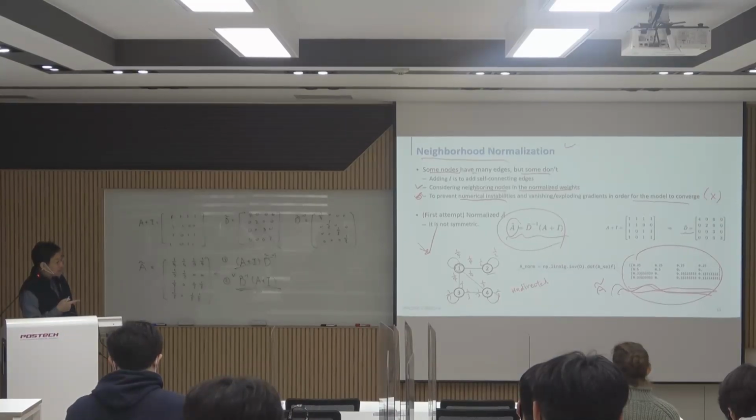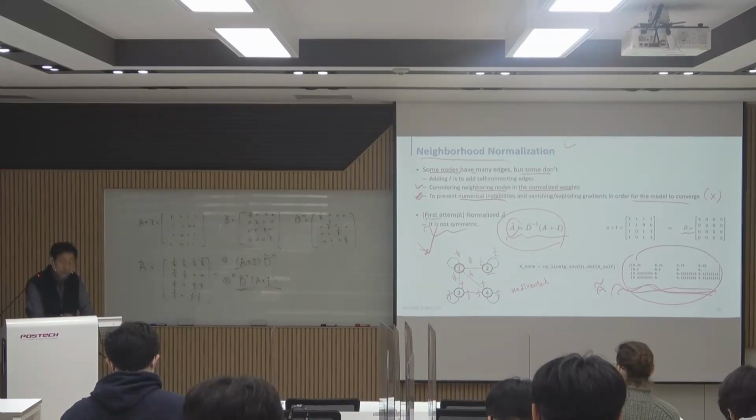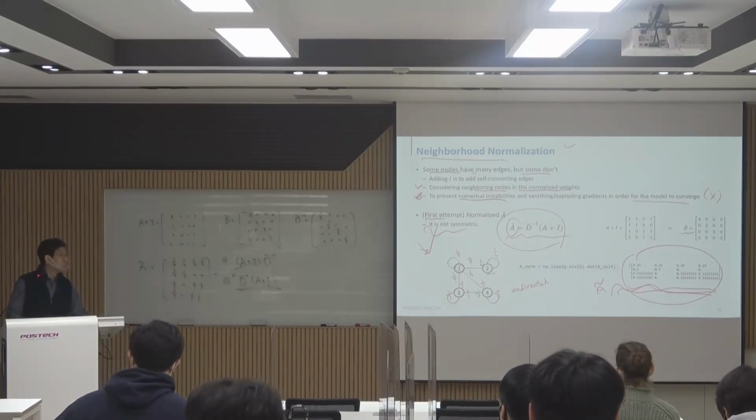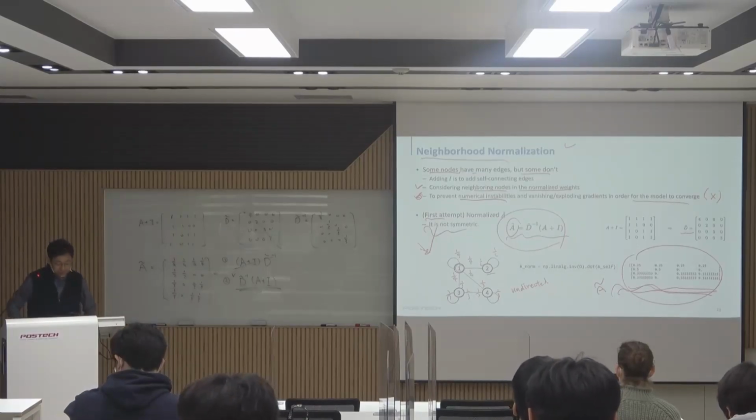But is it symmetric or not? It's not. So there's some kind of issue raised. It's not symmetric. That's why I said this is the first naive attempt. We have to do something smarter to normalize it.